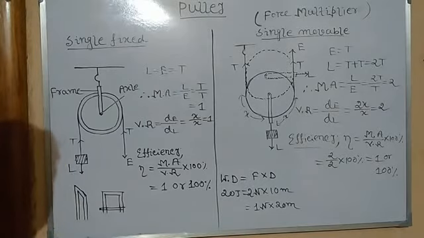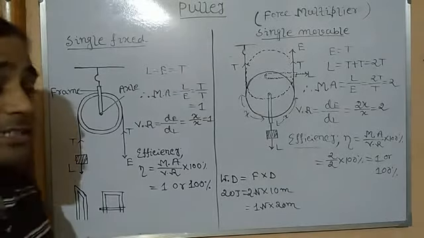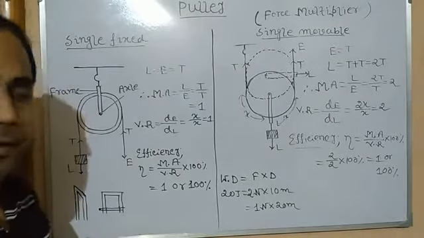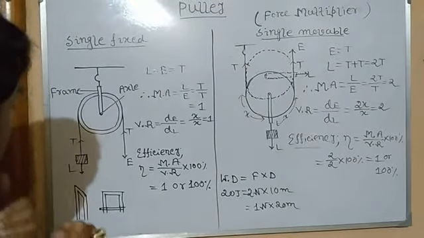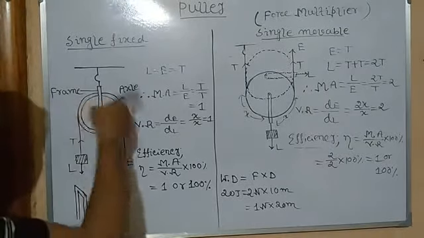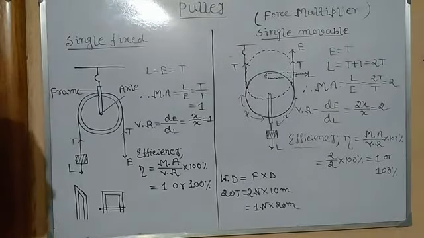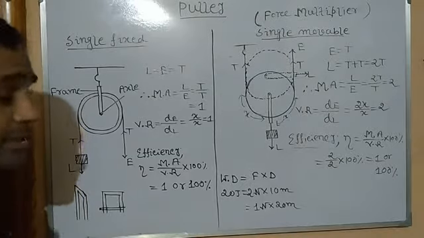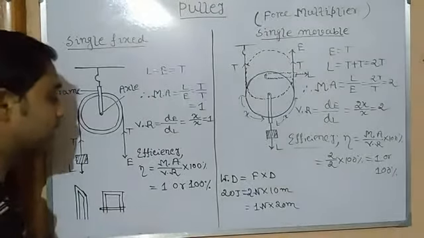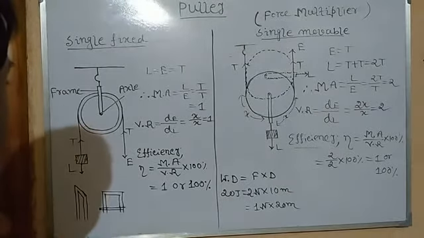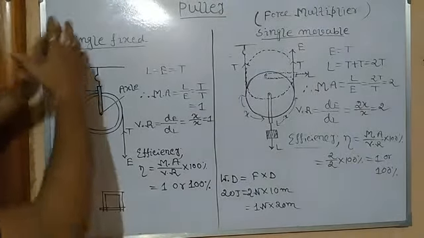But if the rope is extensible, meaning it possesses some elastic property and is stretchable, then without any rotation of the metallic disc, the load will lift up. So obviously it will be an error. And the string has to be massless, otherwise its mass will be added to the efficiency or working calculation. So this is the single fixed pulley.